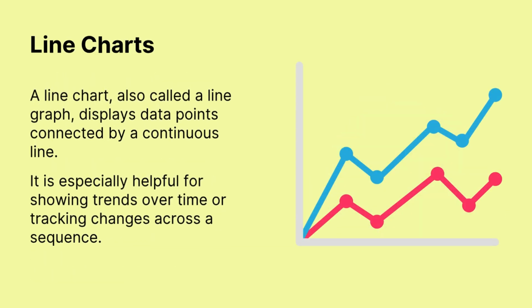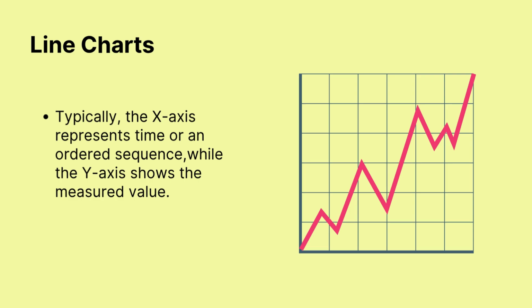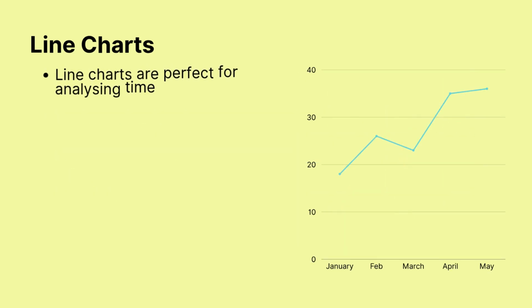Next, we move on to line charts. A line chart, also called a line graph, displays data points connected by a continuous line. It is especially helpful for showing trends over time or tracking changes across a sequence. Typically, the x-axis represents time or an ordered sequence, while the y-axis shows the measured value.